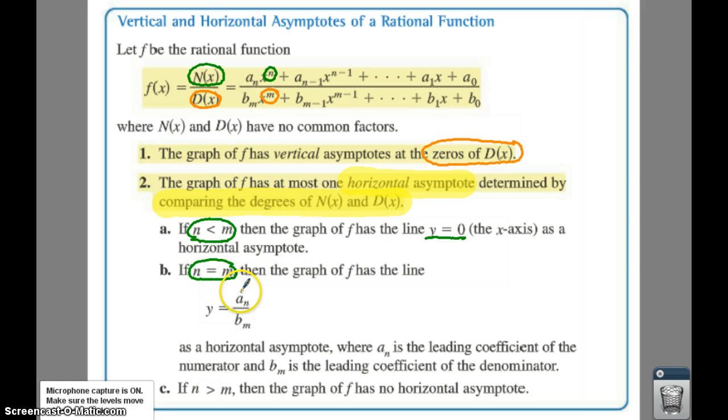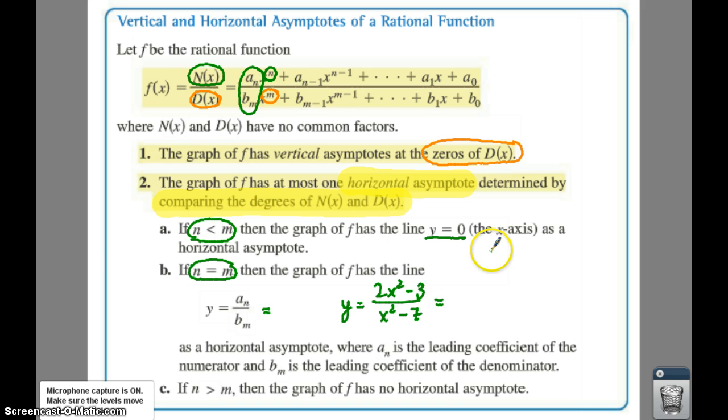If they're equal, then you take your coefficients, set them up, and set it equal here. So for instance, if you had y is equal to 2x squared minus 3 over x squared minus 7, notice that their degrees are the same.